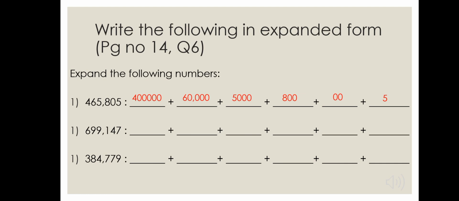So the number which is holding the place value of 100,000 is 4, and we will place 5 zeros after it, which will give us the value of 400,000. So if you calculate and add 400,000, 60,000, 5,000, 800, 00, and 5, this is going to give you the total of 465,805.